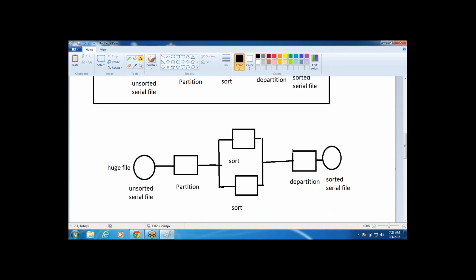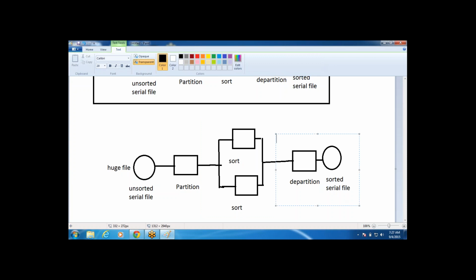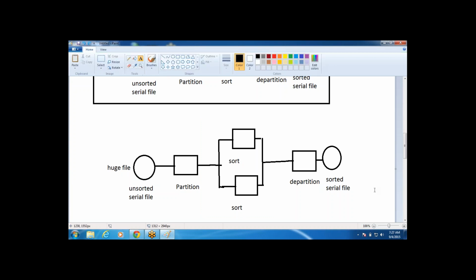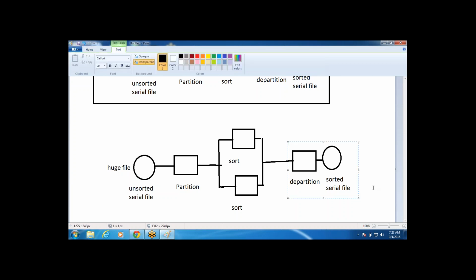But if I need a serial file, it definitely has to come to the departition component. So this is how it works internally. Whenever you use a partition component, all the components will run in parallel until you use a departition component to make it a serial file or flow. Is it clear?